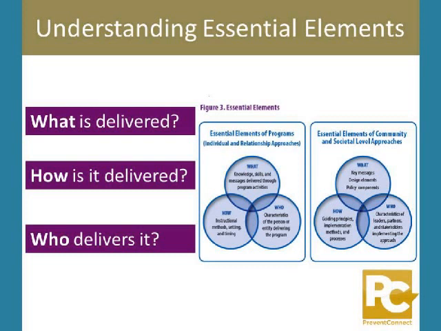In a very similar way, we found that we could use essential elements to also describe the what, how, and who of community and societal level approaches. But the what, how, and who look a little different when you're not talking about a manualized program or a set curriculum with a manual that lays out, for example, knowledge and skills. A lot of our strategies are intended to influence factors other than individual level characteristics. So the what may be, for example, the key messages in a social media campaign.